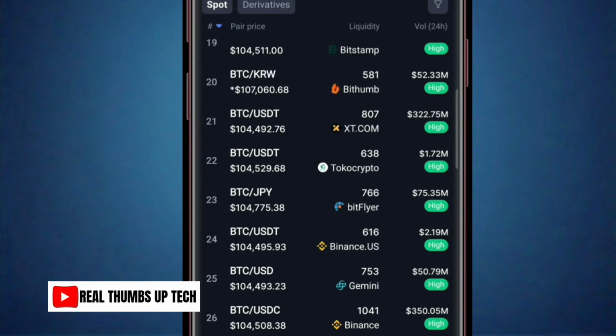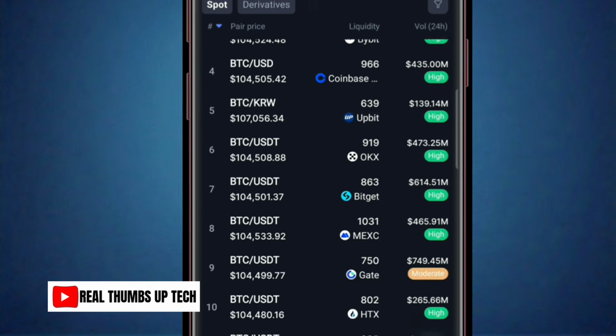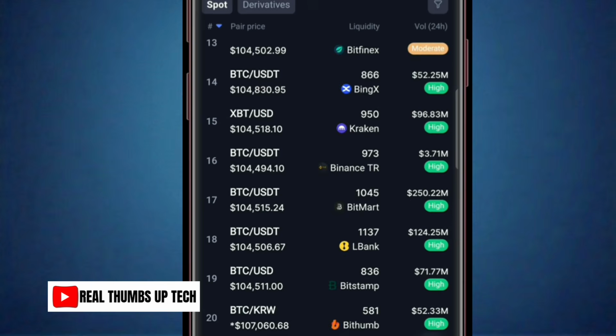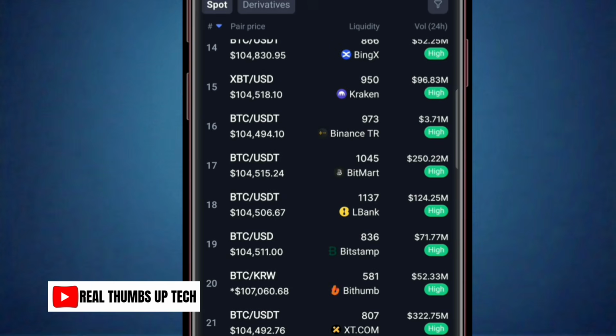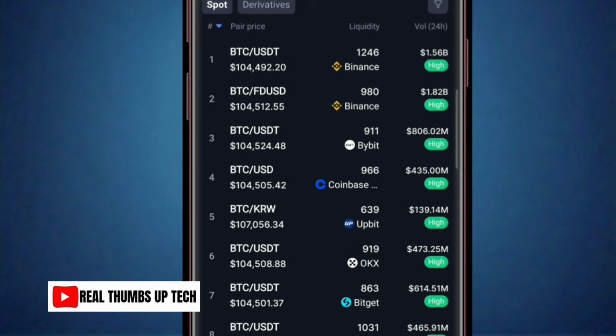So you can easily get the one that sells the lowest, because don't be surprised that some might even be selling lower than this Binance rate here. And you can also find one selling higher than what we saw before on BingX that sells 104,830.95.